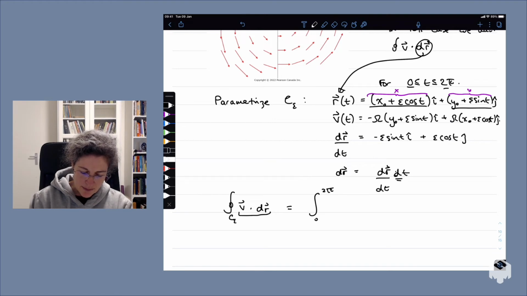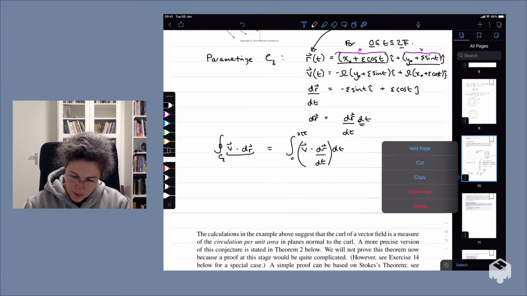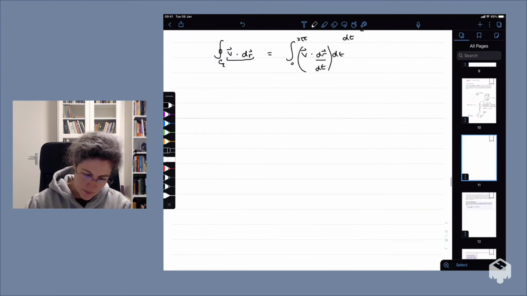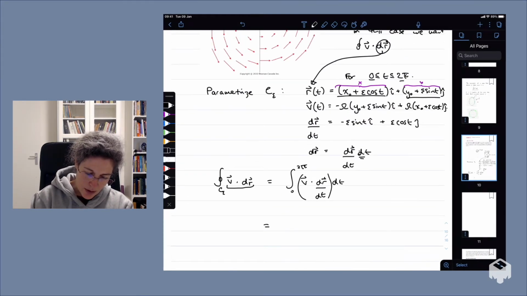But dr is actually dr by dt times dt. And here's a nice dot product for us to do. Now we need to do the dot product of our v and our dr. So go from 0 to 2 pi.